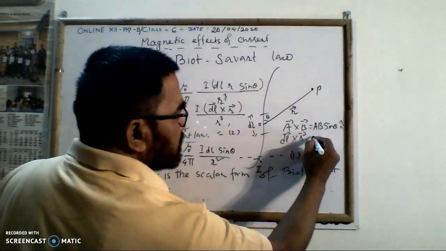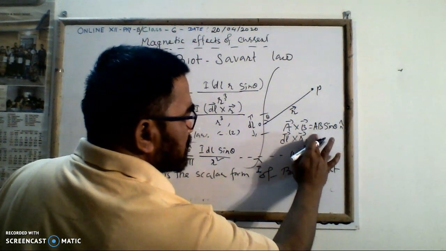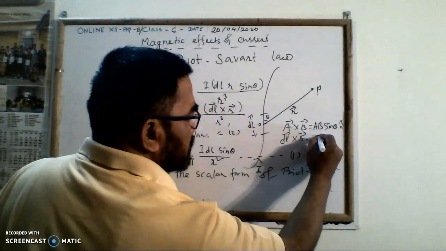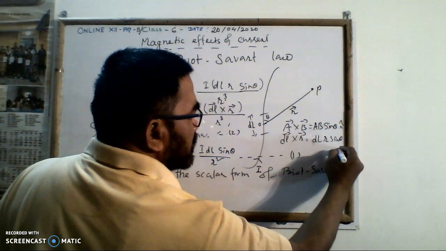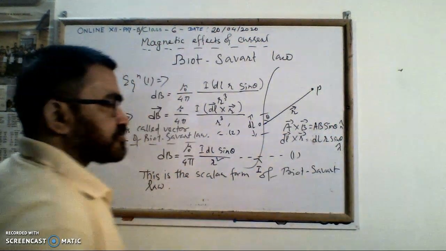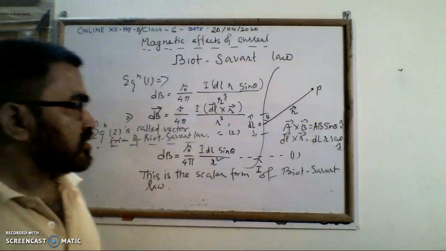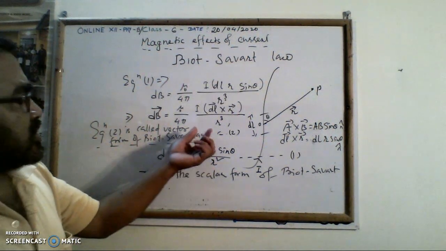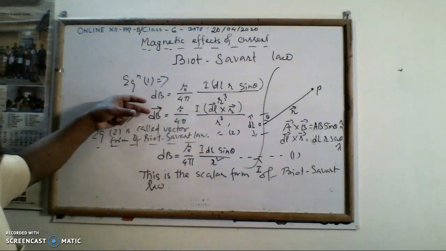So it can be replaced as dl r sine theta n cap, where n cap is the unit vector. In this way, we can convert the scalar form into the vector form.